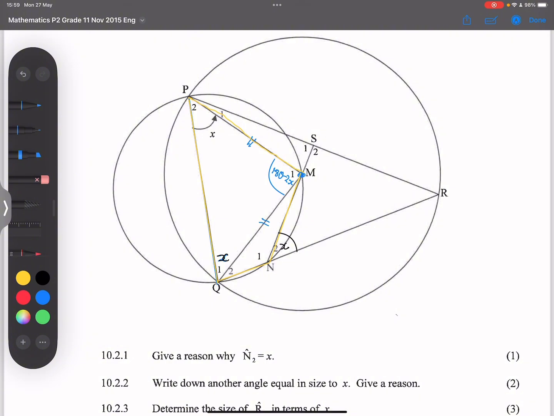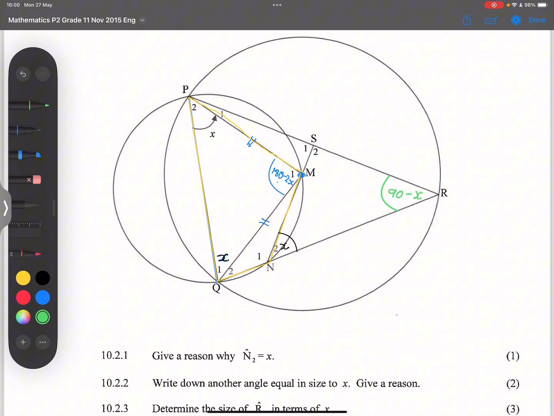Now look at this. What does that make this angle over here? This angle over here becomes half of that angle. Remember, angle at center is equal to twice angle at circumference. So if that's 180 minus 2x, this will be 90 minus x.